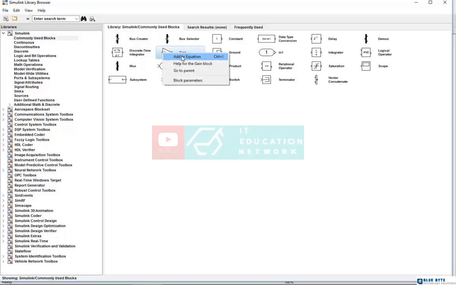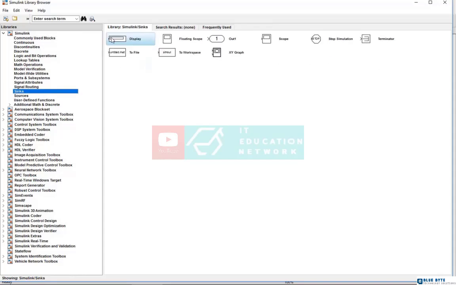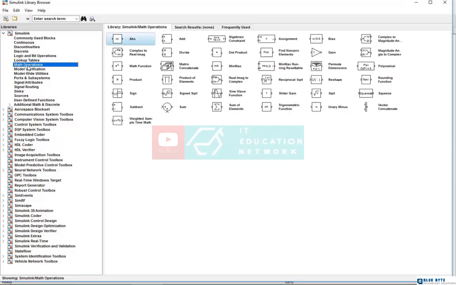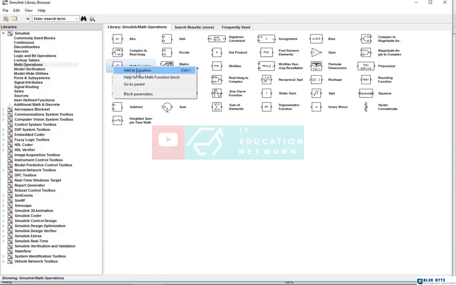I add a display for the output. Because we have x to the power 2, we use the math function block too.